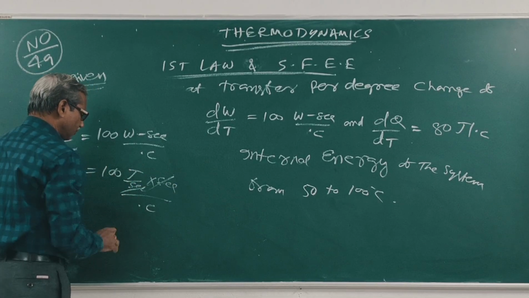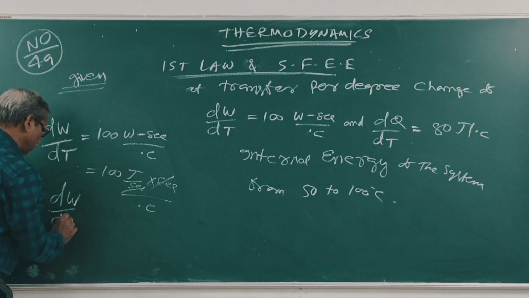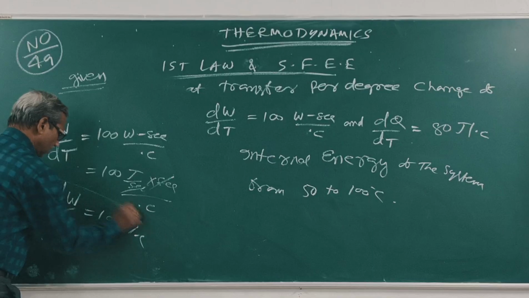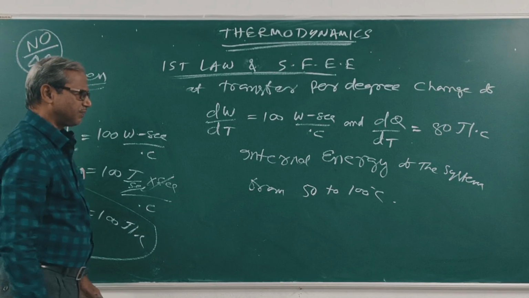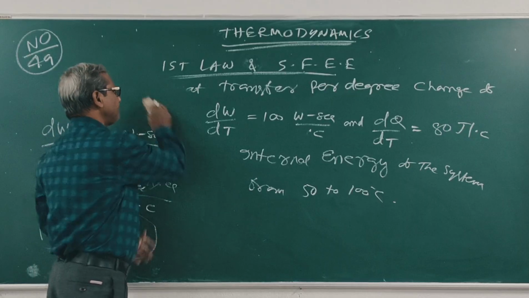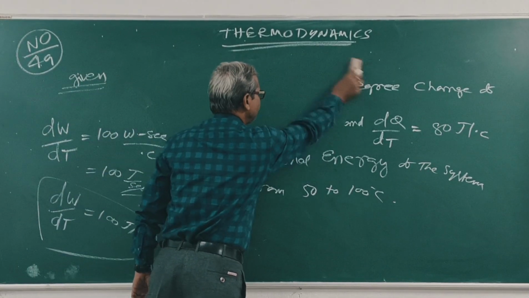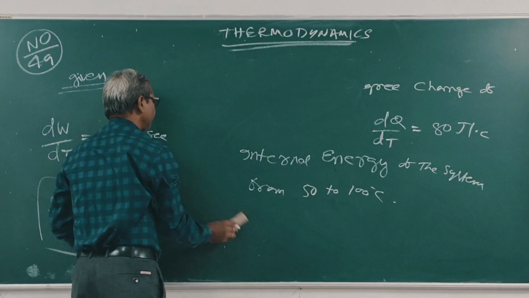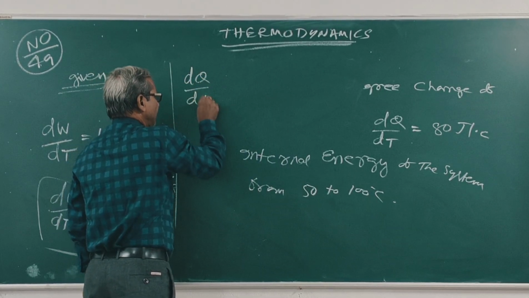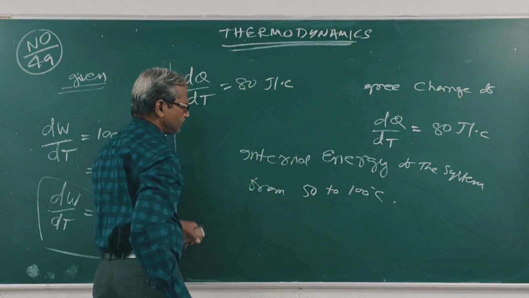Second cancels out. So dW/dT is equal to 100 joule per degree centigrade, that is, the work done per degree temperature rise. Similarly, dQ/dT is equal to 80 joule per degree centigrade.